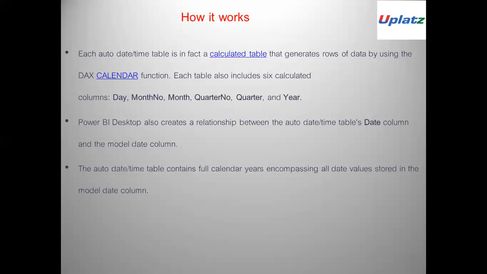The date time table is in fact a calculated table. It generates the rows of data by using the DAX CALENDAR function. That means it takes the help of Data Analysis Expressions, in which the CALENDAR function is used, and six calculated columns are generated: day, month number, month, quarter number, quarter, and year.